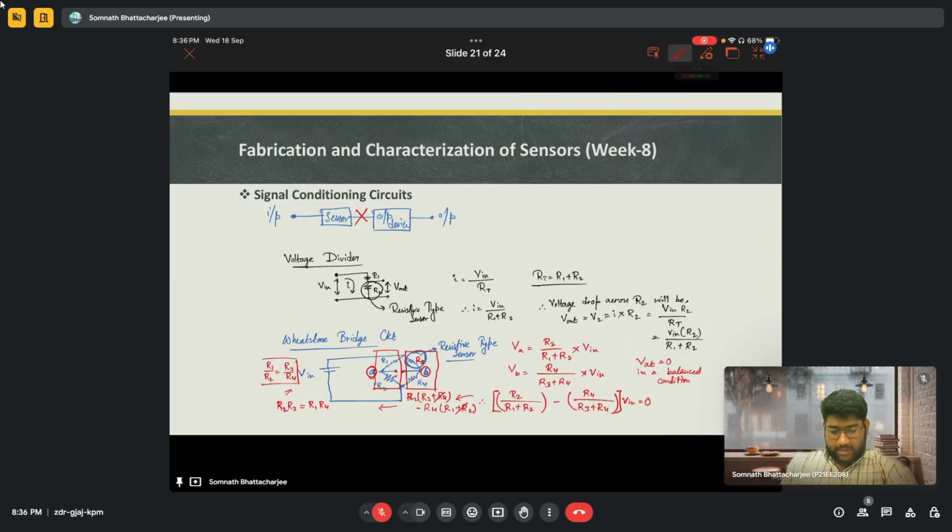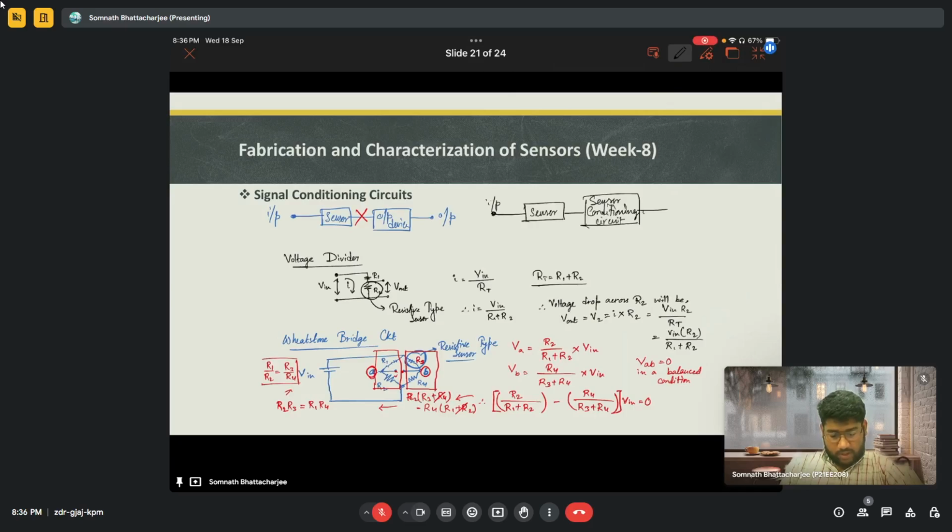What's the problem with this is that you need to first condition your signal before giving it to an output device. So if you have a sensor here, you need another block that is called the signal conditioning circuit.